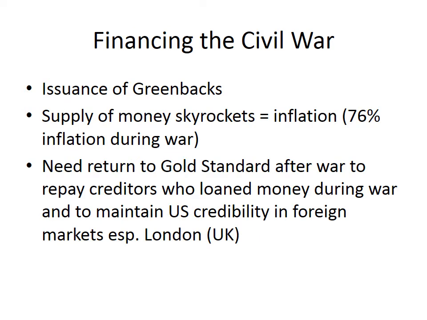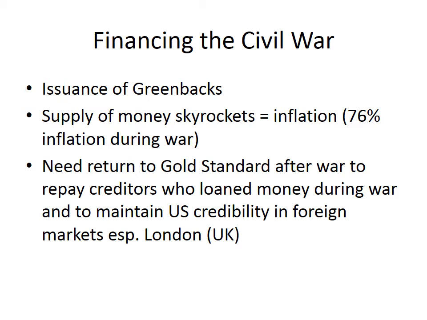How we financed the Civil War is going to create massive inflation, and this is really where the problems begin. Lincoln never gets blamed for any of this, but it was largely what started the process: his means of financing the war. He issued greenbacks. This was effectively paper currency.